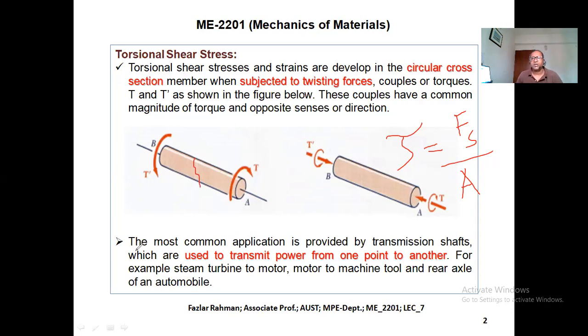That means when you twist, some internal force works inside the material, and that force works parallel to the cross section.